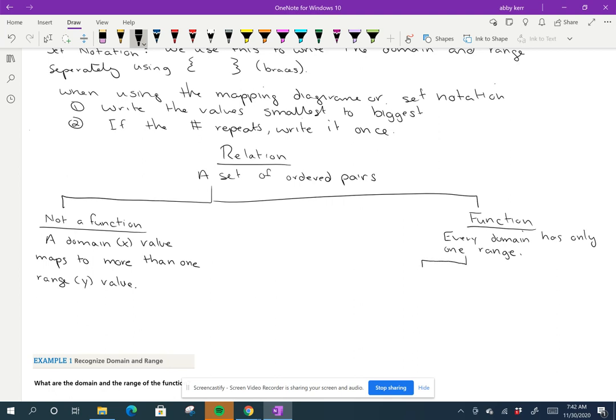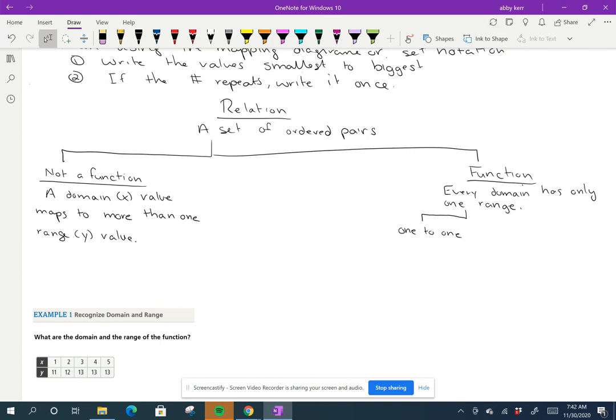Now, a function can be 1 to 1, which happens if no two domains map to the same range. So that means no range values are shared.